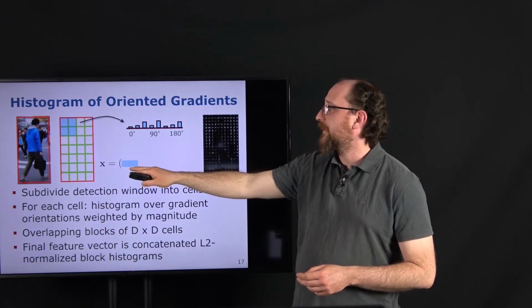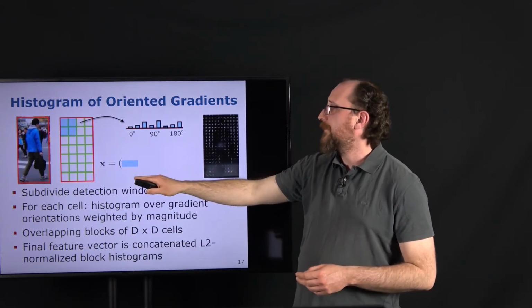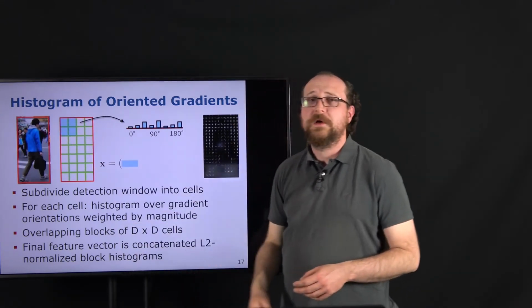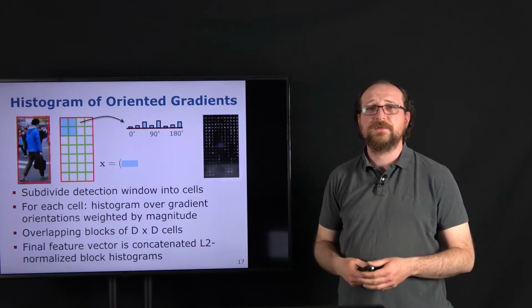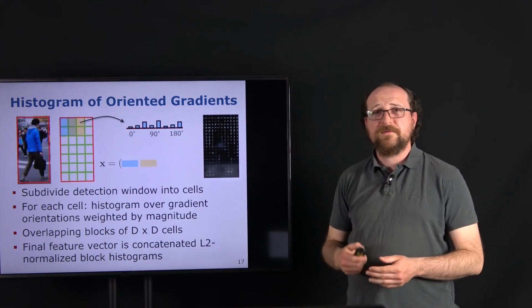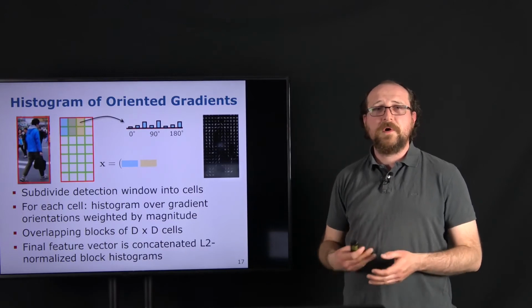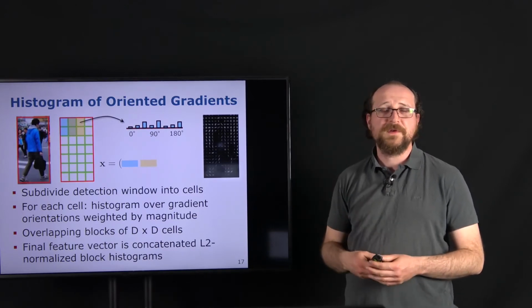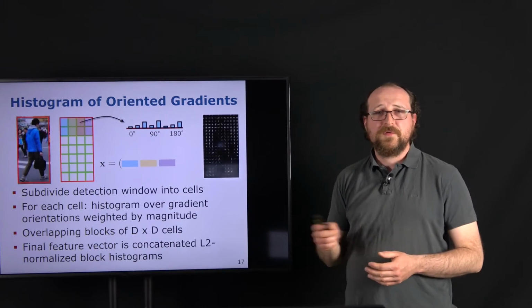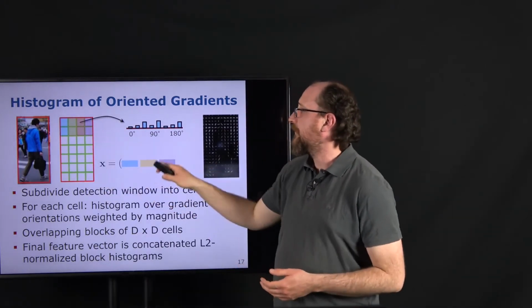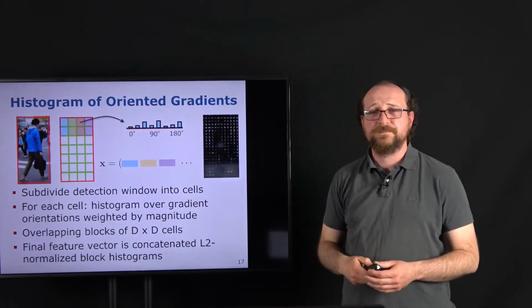In this specific case, we are also normalizing the features over this whole region by using the histograms there. We have these overlapping regions so that we can capture more of the shape information in the end. We do this for all the regions, and this gives us our feature vector in the end.